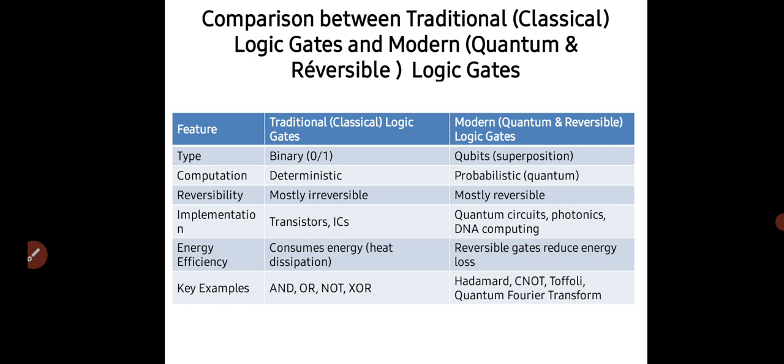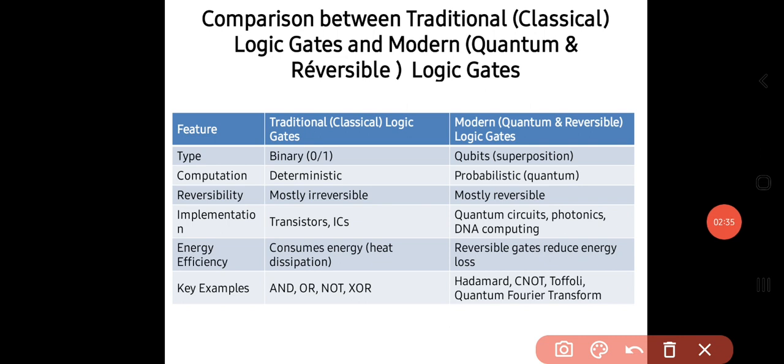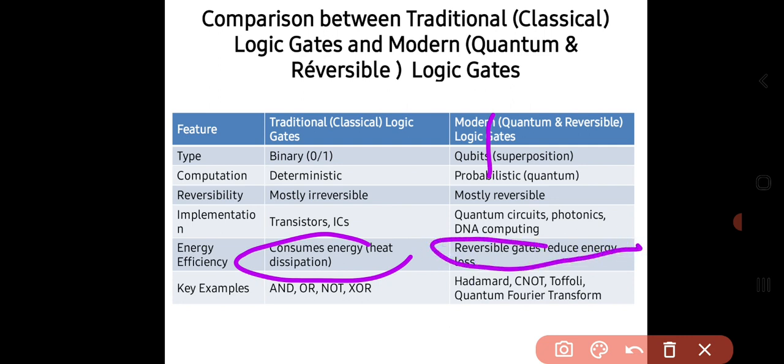Implementation: transistors and ICs for traditional. When we see modern, quantum circuits, photonics and DNA computing. Energy efficiency: traditional gates consume energy through dissipation. At the modern level, reversible gates reduce energy loss.